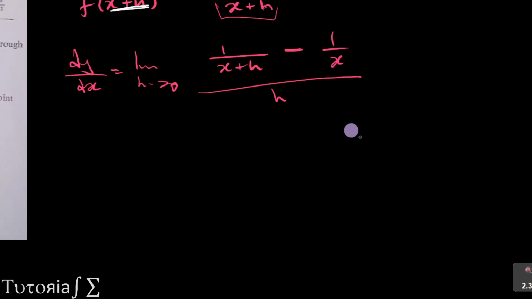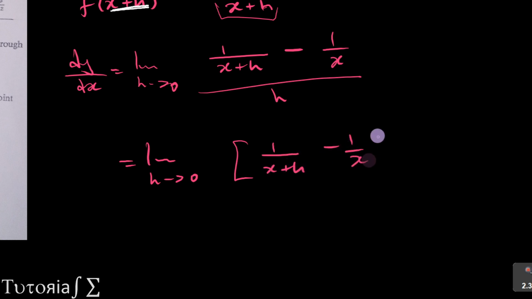From here, we have to simplify the numerator. So we simply say this is equal to the limit as h approaches 0 of 1 over x plus h minus 1 over x, divided by h. So this whole thing is being divided by h. So here we look for the common denominator.